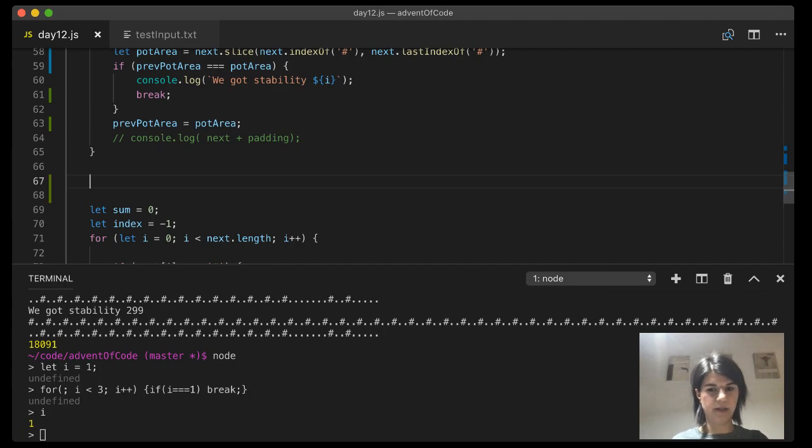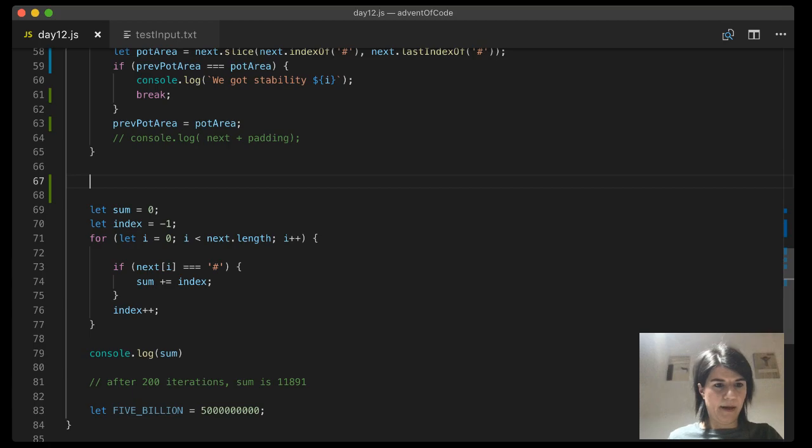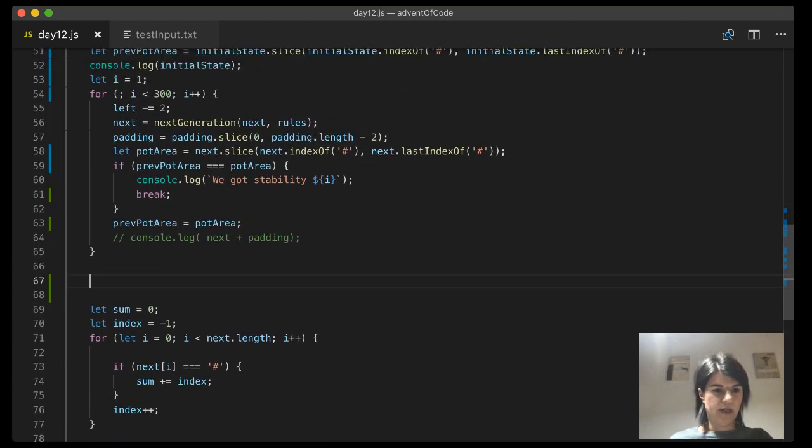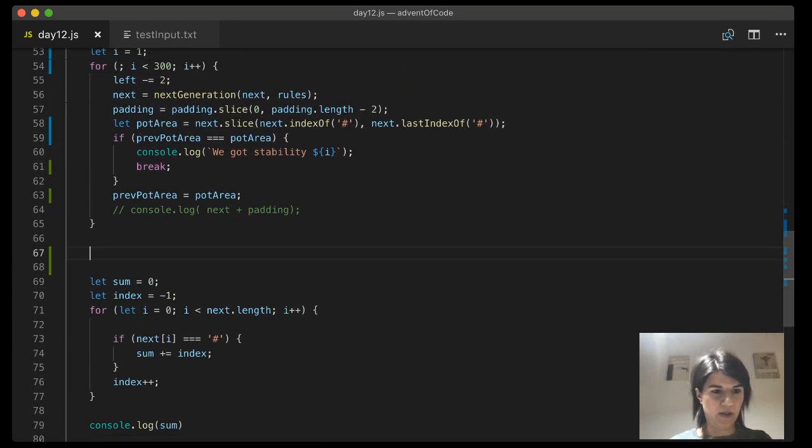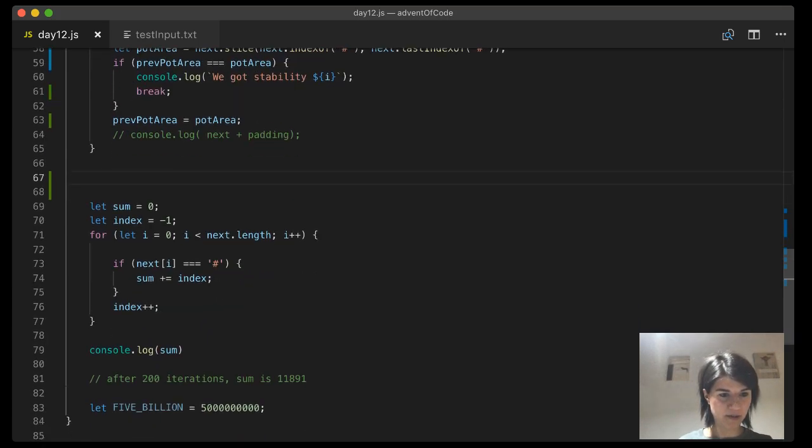So we got stability. We don't really need to see the pod. So now we have some I. And what do we need to do with this I? We need to find the sum. Okay, and we find the sum of next. That sounds good.